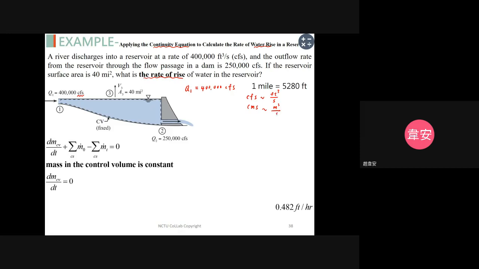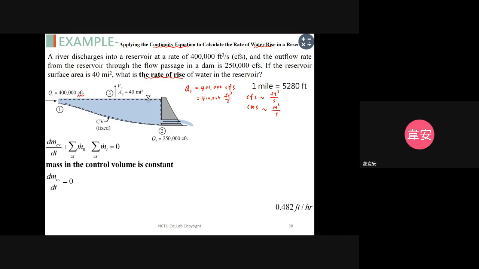Okay, so in our questions we use CFS, so the unit here is ft cubed per second. Okay, and then we see the questions.